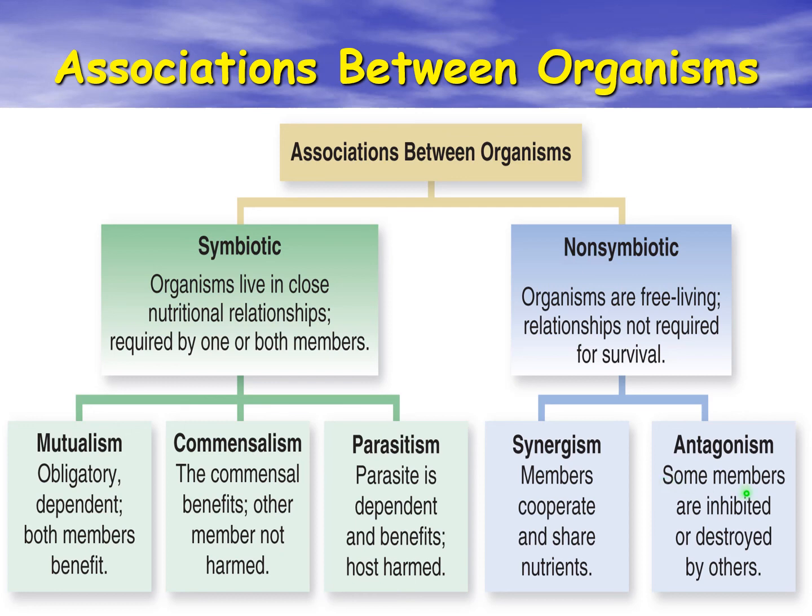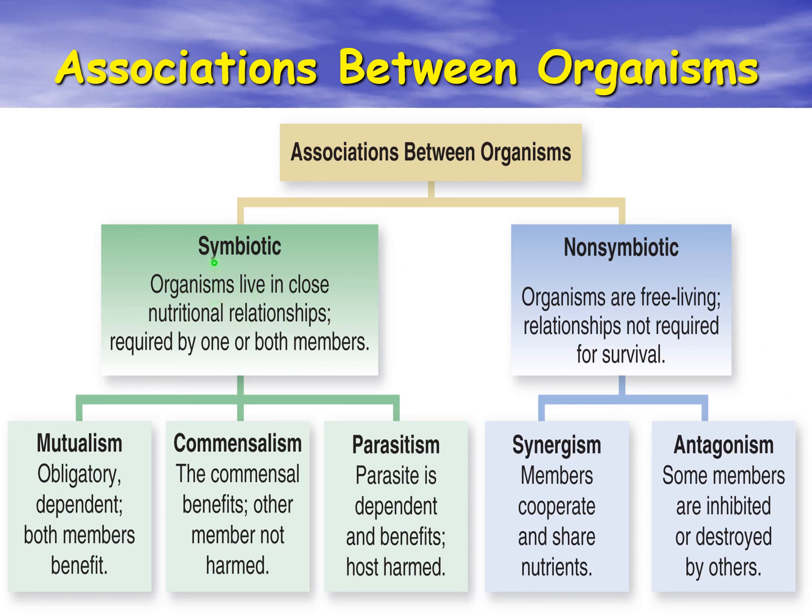This is where some members will be inhibited or destroyed by others. Our normal microbiome in and on our body works with this antagonism. The normal microbiome is antagonistic towards other microbes moving into their territory, and so will destroy them.